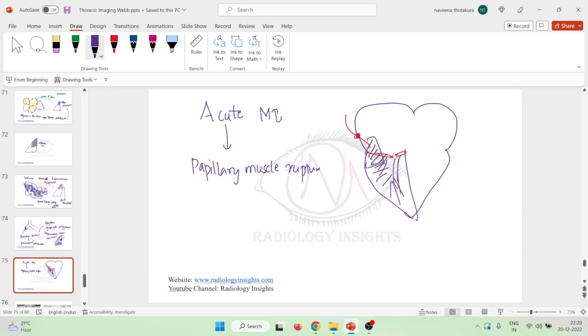Between the right atrium and right ventricle we have the tricuspid valve, and between the left atrium and left ventricle we have the mitral valve. These papillary muscles hold the mitral and tricuspid valves and keep them in their positions. When they become ruptured, the mitral valve or tricuspid valve might undergo prolapse. You can see the prolapse of the mitral valve more commonly, resulting in mitral regurgitation.